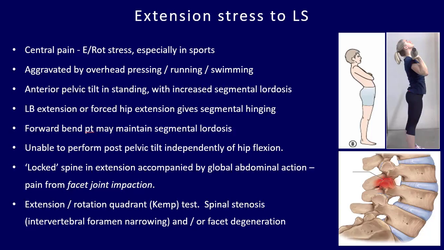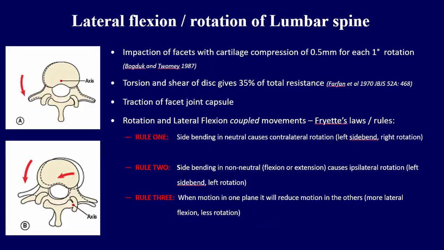Prolonged extension movements in sport will be limited by abdominal tone, so activities such as an overhead press will be limited by abdominal tone, and the extension of the spine will occur coupled with anterior tilt of the pelvis.